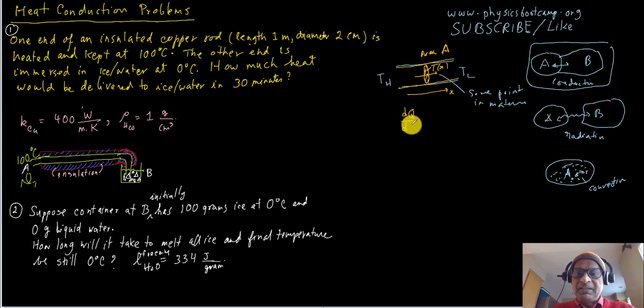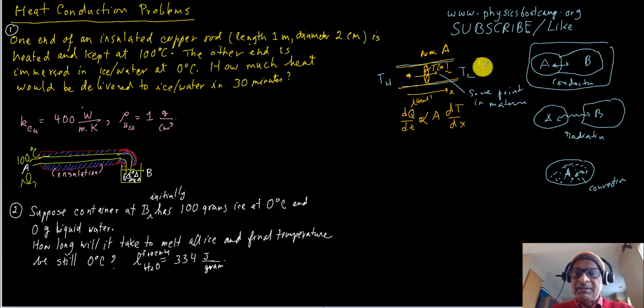Then dq over dt, the rate at which heat flows, where q is heat through this area, is proportional to the area A and proportional to dT/dx. But if this end is higher and this end is lower, then dT/dx will be negative, right?